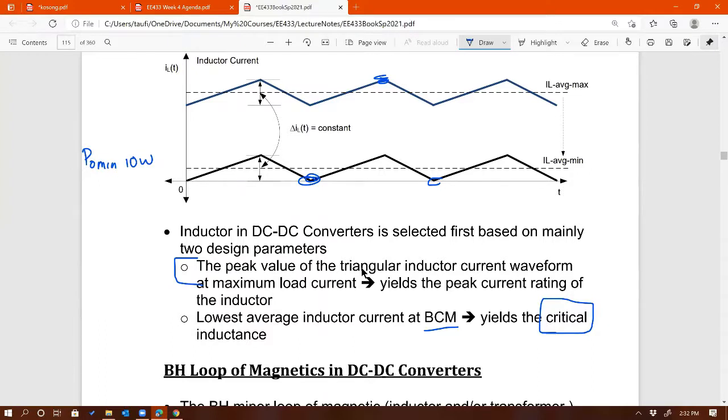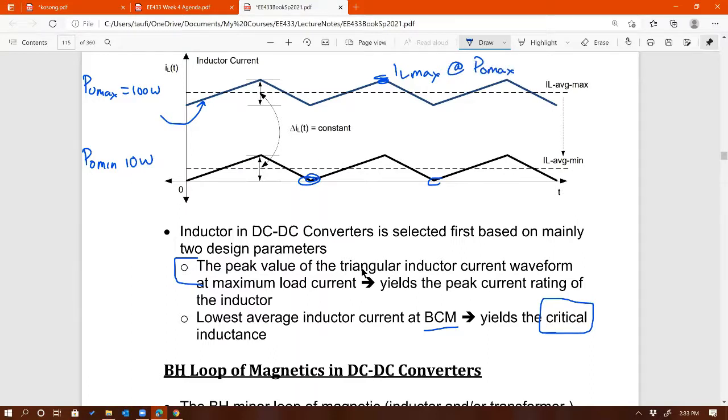If I keep increasing the output power, then this triangular waveform is going to shift up, right? And let's say that at max power, P out max equals 100 watts, we have this inductor current. So the other design parameter that you have to be concerned with when choosing an inductor is the IL max right here, IL max at P out max.